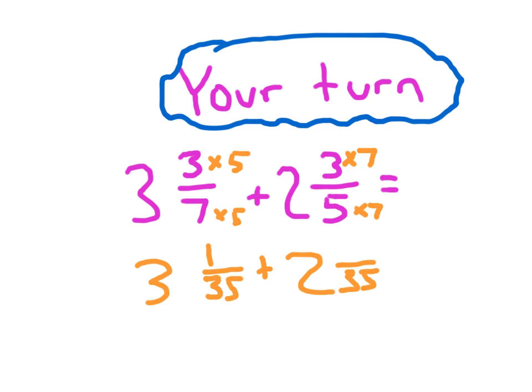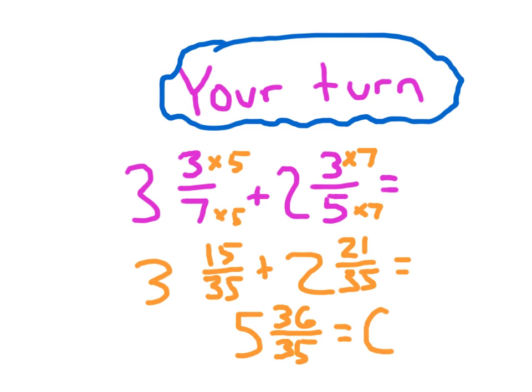This one is 15, and this one is 21. Adding those together, I get 36 35ths, and 3 plus 2 is 5. 5 and 36 35ths is equal to 6 and 1/35.